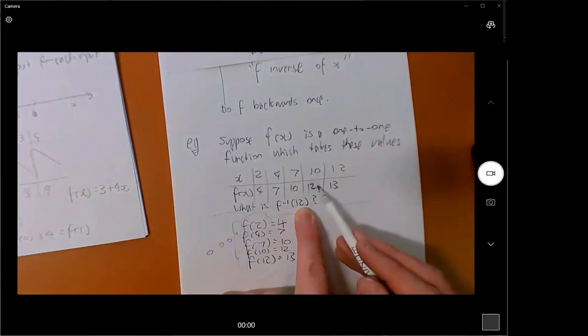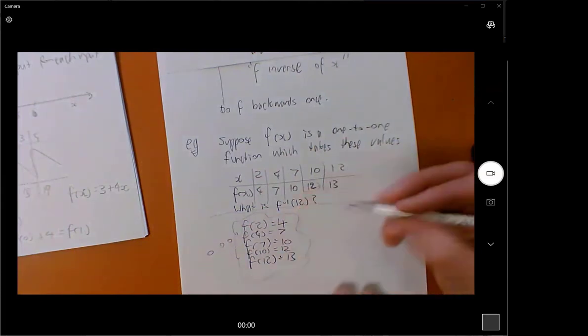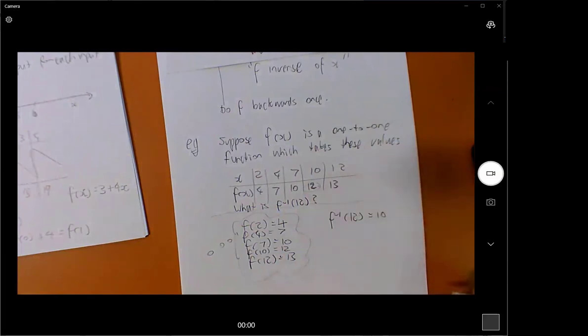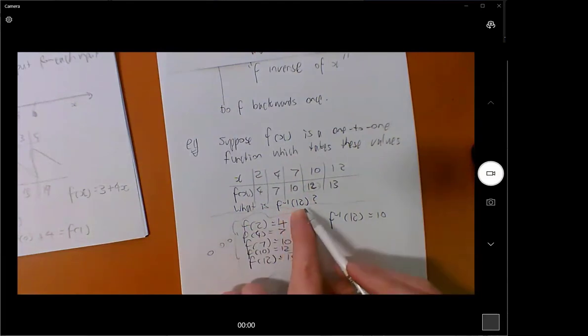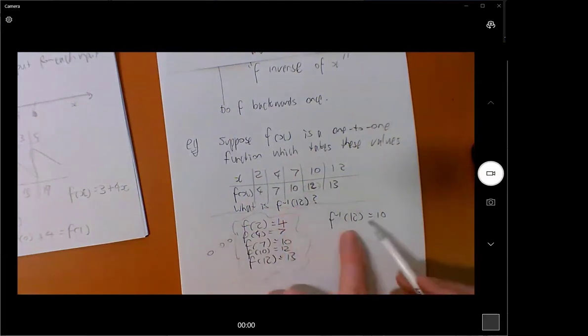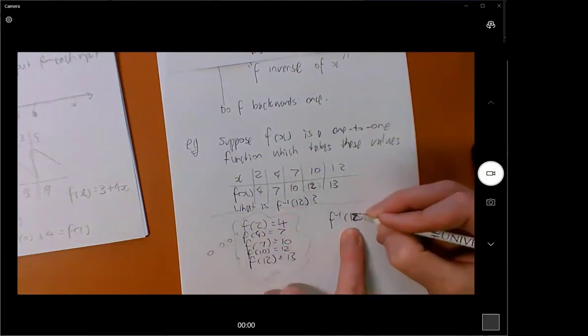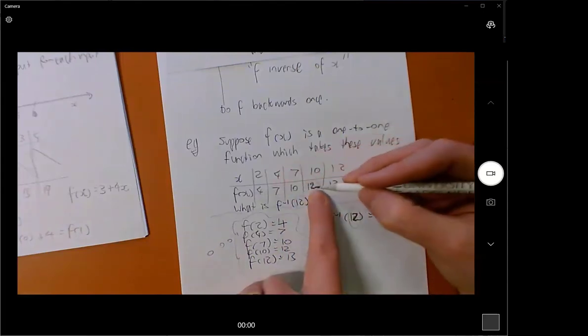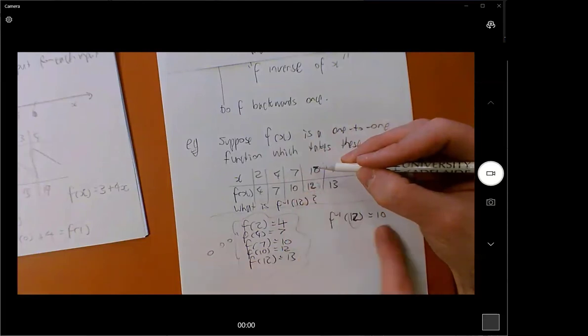There it is. And find the matching input. It's 10. So f inverse of 12 is 10. That's how to do an inverse function. I take the number that I've got, f inverse of 12. I take the number 12 and I go look in the outputs, and then I find the matching input that would have produced 12, and that's the answer.